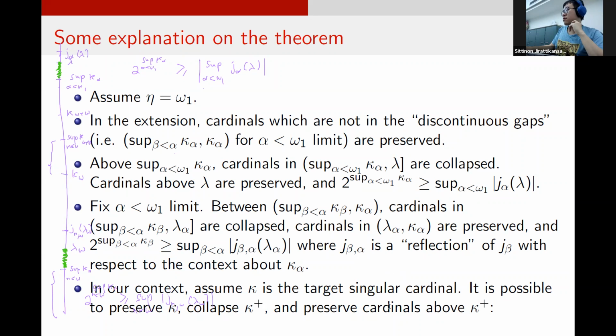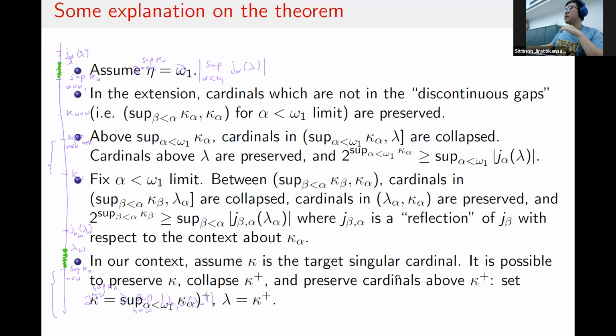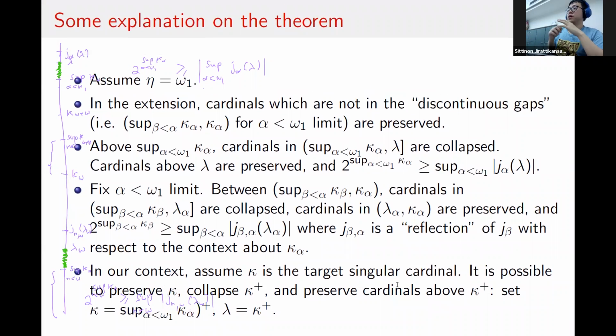So in this case, lambda is going to be kappa plus, where kappa is a sup of kappa alpha, where alpha less than omega 1. So, okay, let's take a look for a bit.